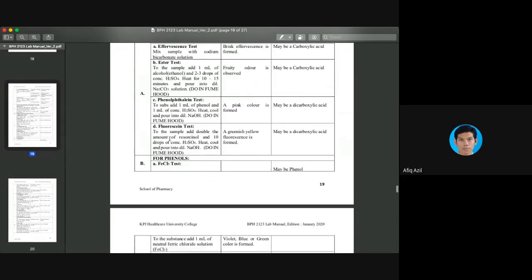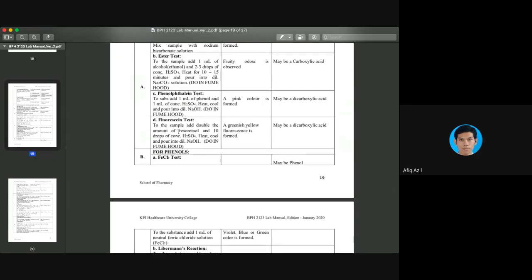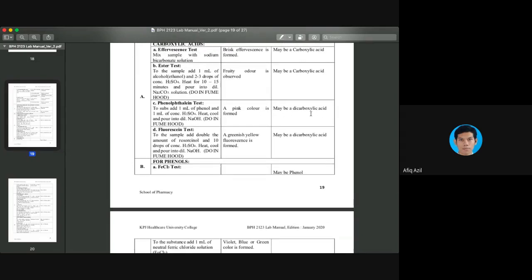So this will use resorcinol, which is a benzene ring with 2 hydroxy groups. Okay, so this one can also be used to determine whether the compound contains a C double bond O OH.